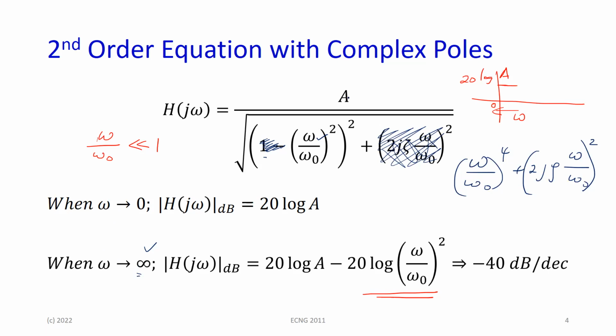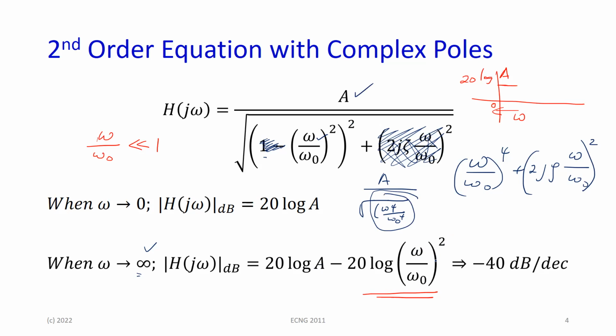So what we are left with now is A over the square root of omega to the power 4 over omega naught to the power 4, which is A over omega over omega naught all squared, yeah? Yes, sir. Right, and we take logs to convert that to dB. So it's going to be 20 log A, which is this bit here, minus 20 log of this bit, which is 20 log omega over omega naught squared.